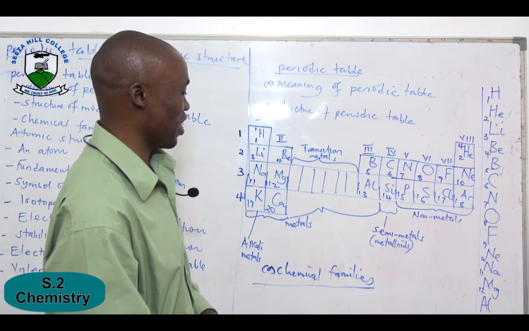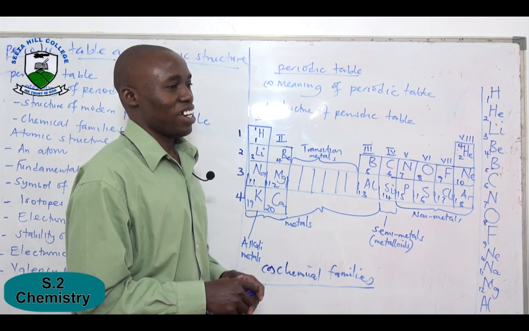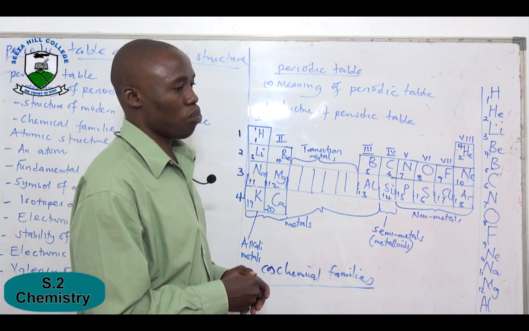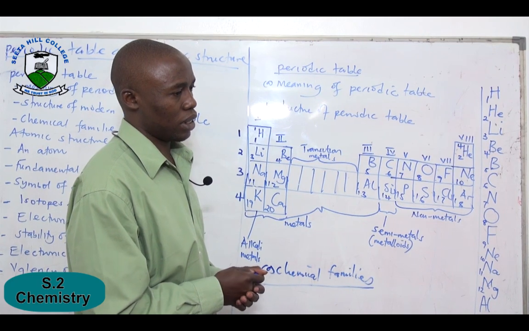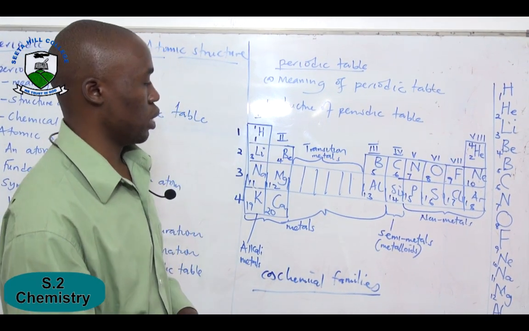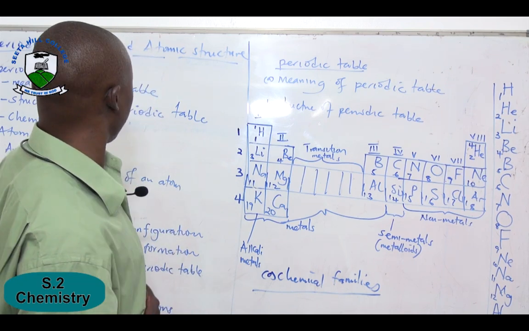That means our chemical families can be group 1, a group of elements with similar chemical properties.